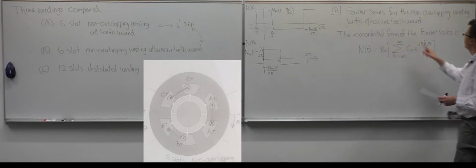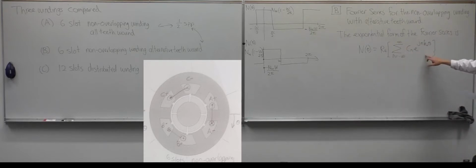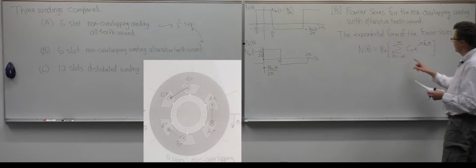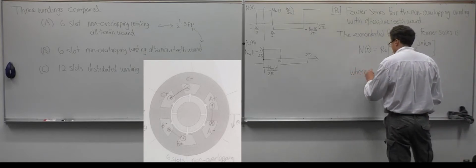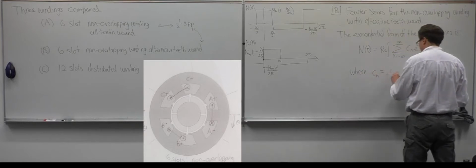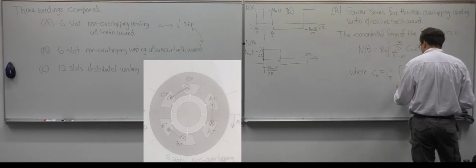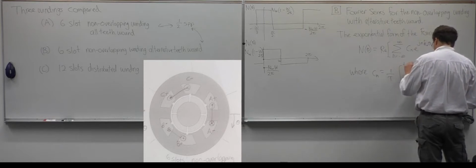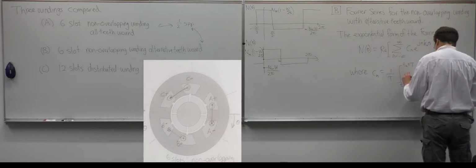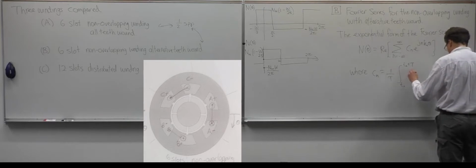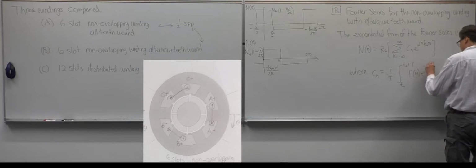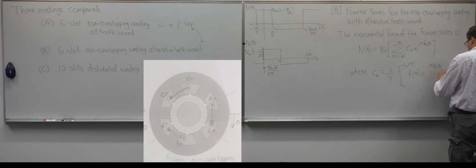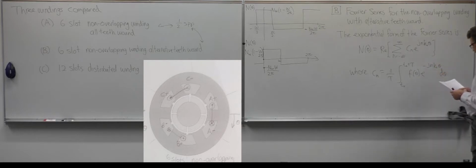So the exponential form of the Fourier series is shown here, and then the complex Fourier coefficient is defined as 1 over the period, and then we integrate across a period, where f of theta is the function that we are evaluating.